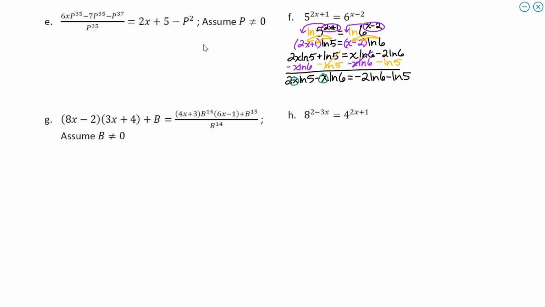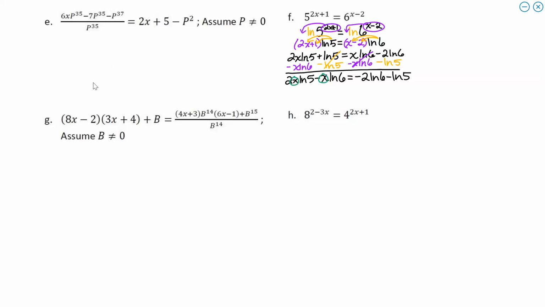Since my denominator's out of the way, I can start doing things to both sides of my equation. I'm going to add p squared to both sides. And that actually ends up canceling out my p squareds altogether.